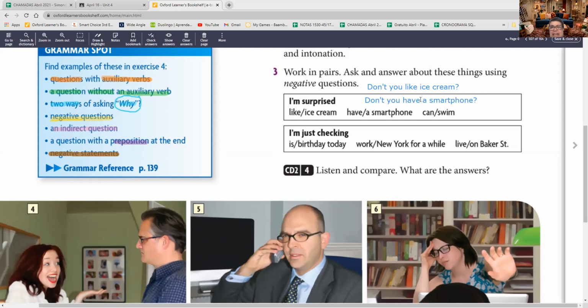So here we don't have the letter N or any other thing. It's just have a smartphone. So try to say that. Have a smartphone. Good. Don't you have a smartphone?